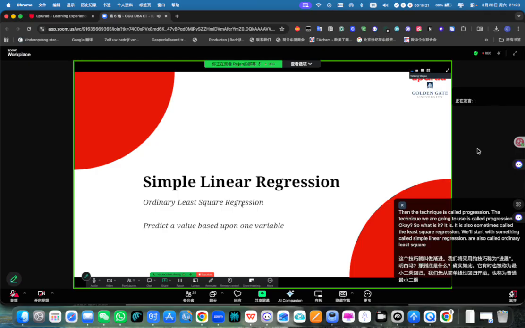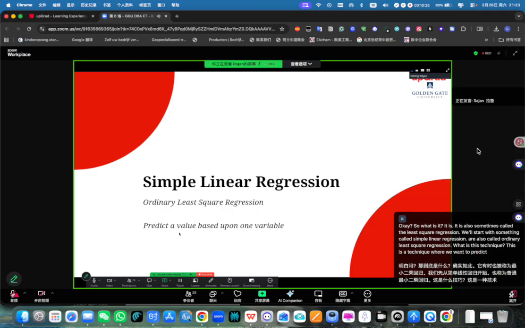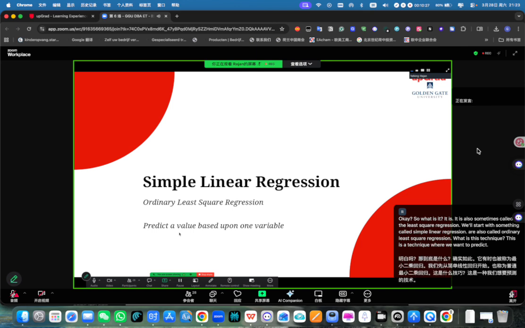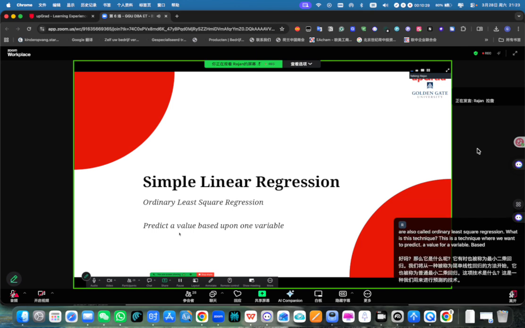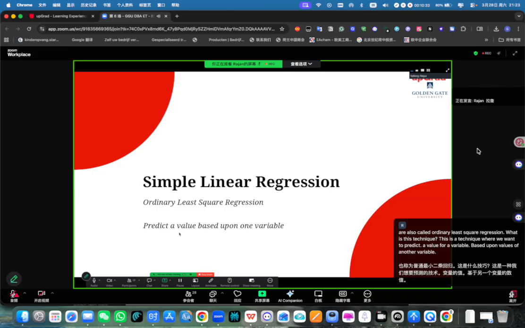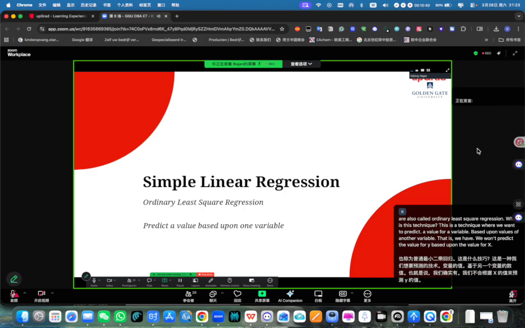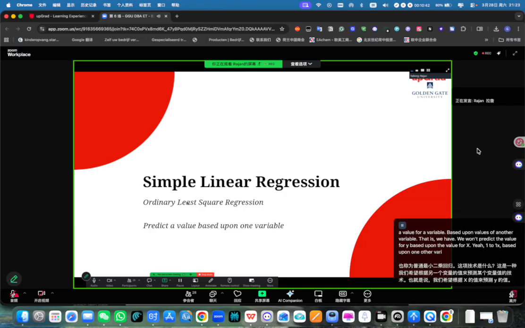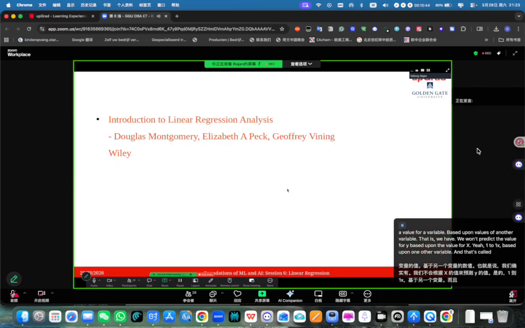This is a technique where we want to predict a value for a variable based upon values of another variable. That is, we want to predict the value for y based upon the value for x. We have only one x, one other variable, and that's called simple linear regression.